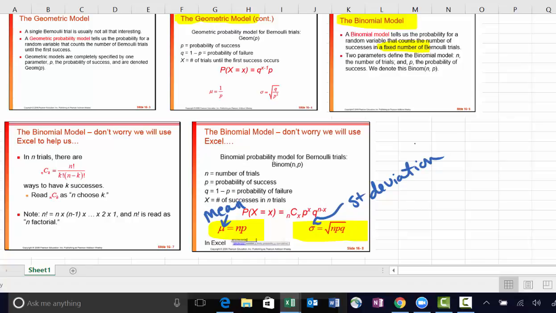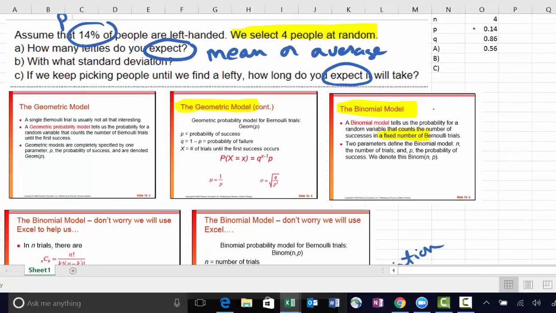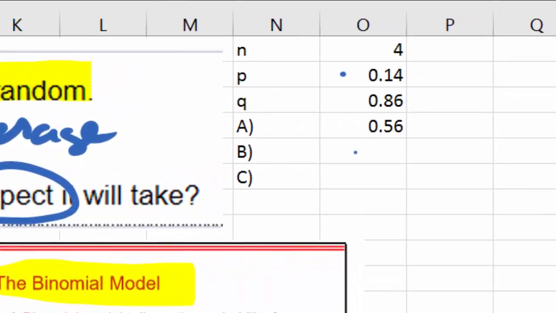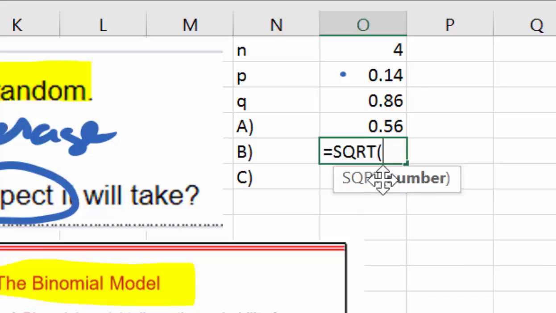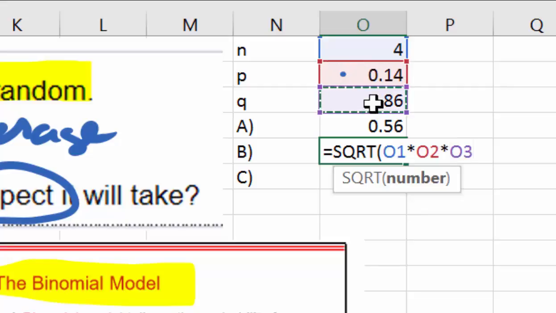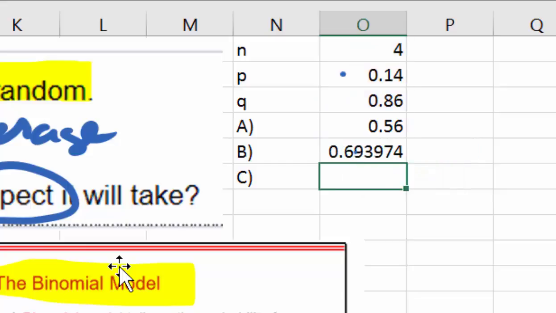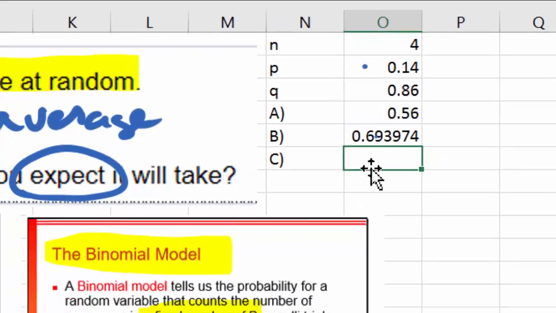And so we'll come in here to Excel, and in this cell right here, the formula for standard deviation is square root of n times p times q, so you'll do equal sign. The square root in Excel is the command SQRT. If you start typing it, you'll see it, and then you want to do n times p, which is the 0.14, it lives in O2, times q, which is in O3 here, and we'll hit enter. All right, so 0.69 is our standard deviation.